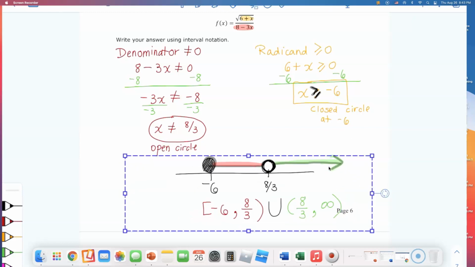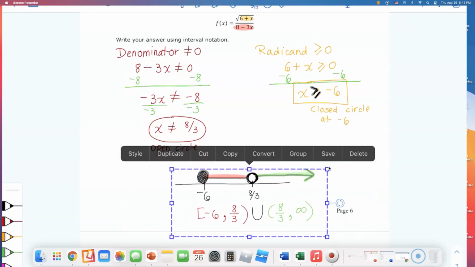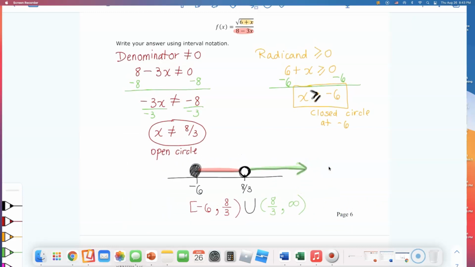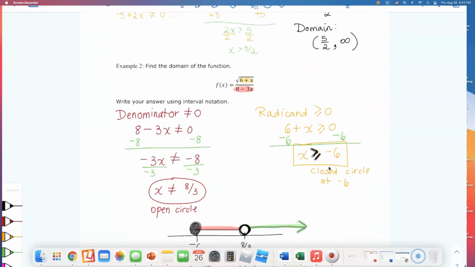So yep, definitely more challenging than the other ones that we looked at in this lesson. But because these topics are putting everything together, they ask you to think about the intersection of these restrictions. Okay, let's do the last one.